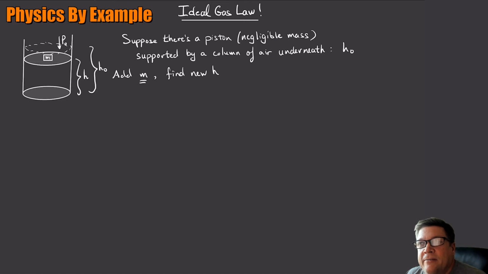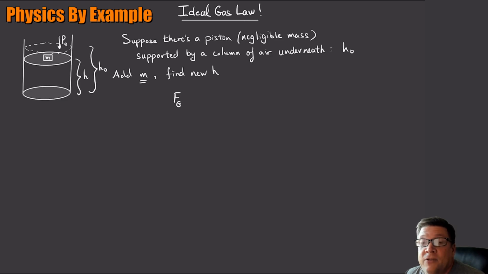Let's start by looking at Newton's laws. So after we put the mass on, what do the forces look like? What are the forces going to be on that piston? Well, what is the force going up? That'll be the positive force. The force going up is just going to be the force caused by the gas underneath, right?